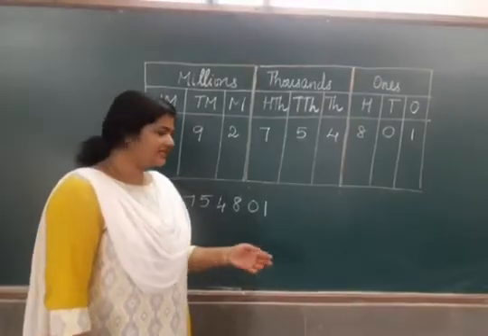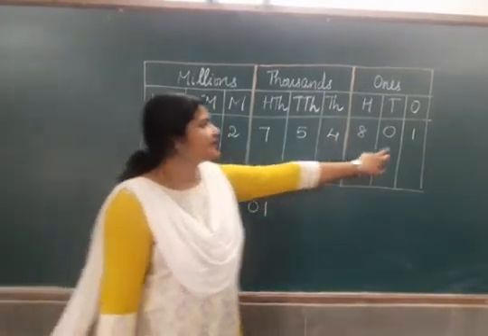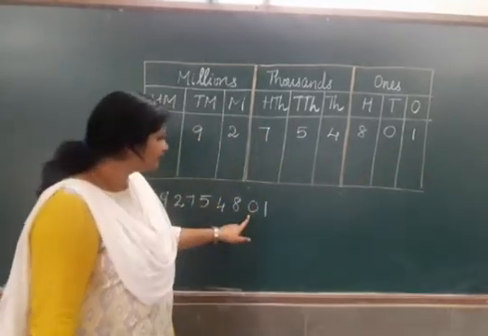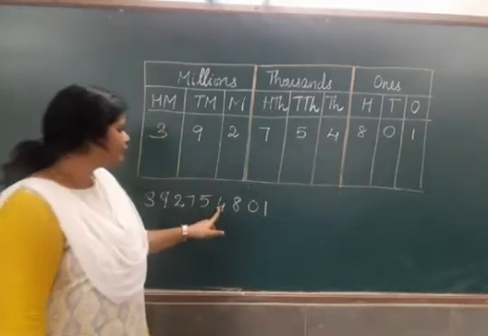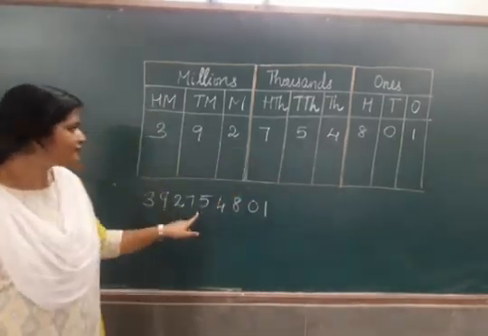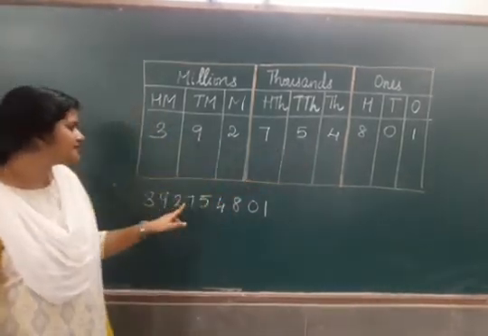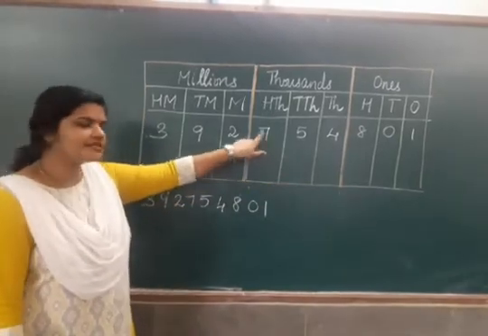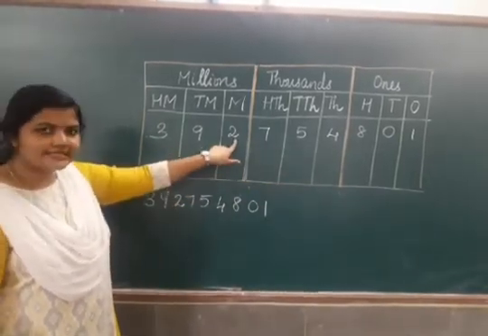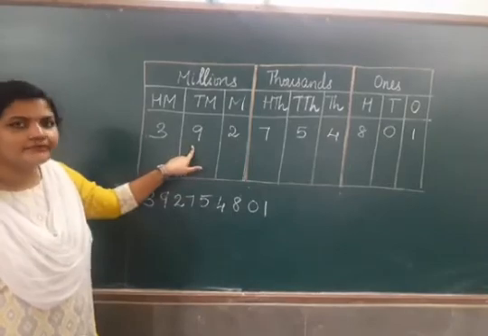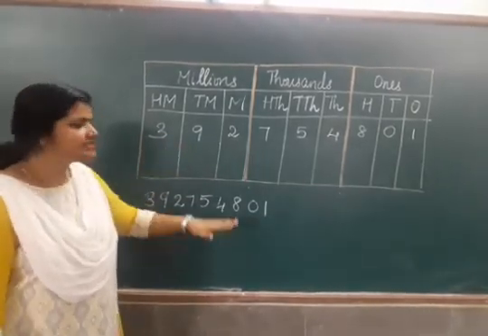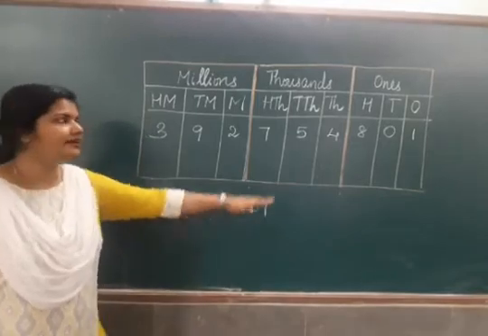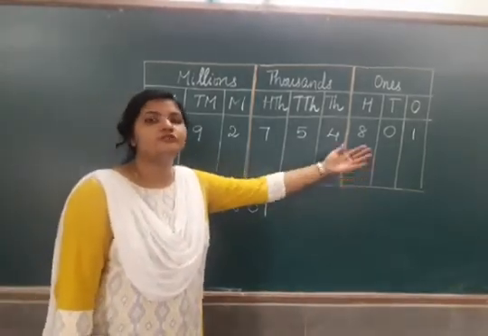So we write 1 in the ones place, 0 in the tens place, 8 in the hundreds place, 4 in the thousands place, 5 in the 10,000s place, 7 in the 100,000s place, 2 in the millions place, 9 in the 10 millions place and 3 in the 100 millions place. This is how you write a number on the International Place Value Chart.